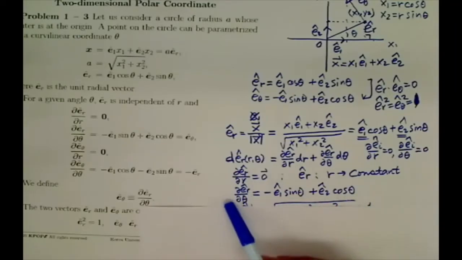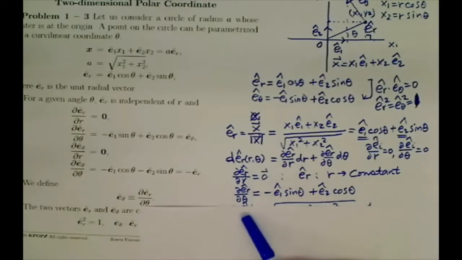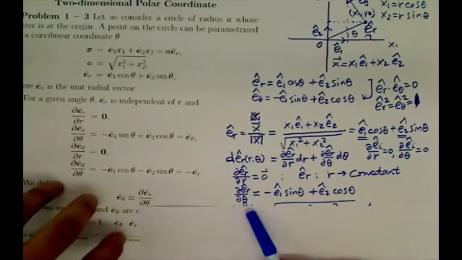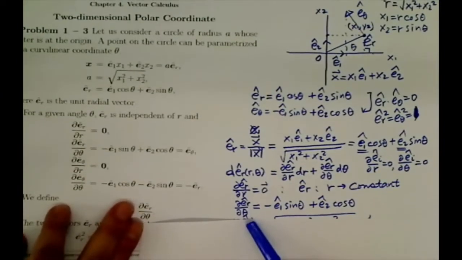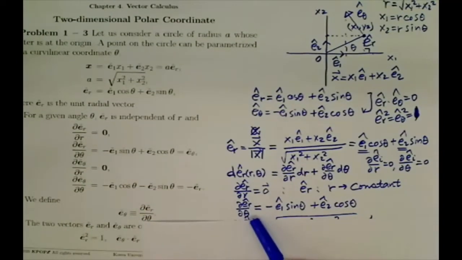So this is the vector along the direction of changing angle theta. This is a partial derivative, so in this calculation the variable r should be kept constant.